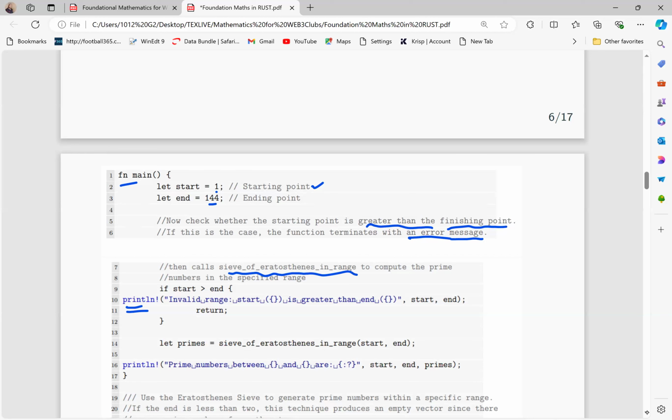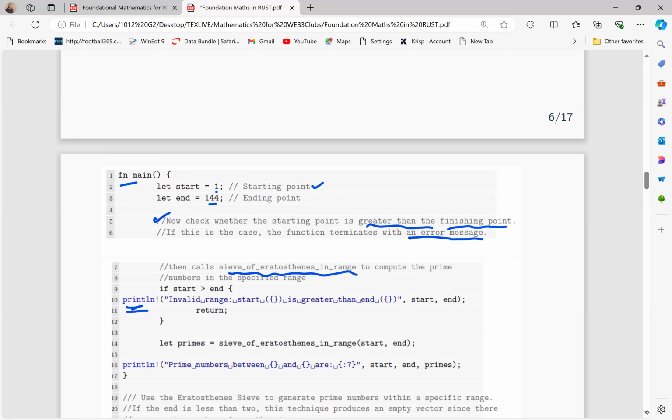This part is just for the first point: it checks if the starting point is greater than the ending point, sees that there's an error, and terminates with an error message. It will say invalid range: the start point is greater than the end point. That is what it will tell us.